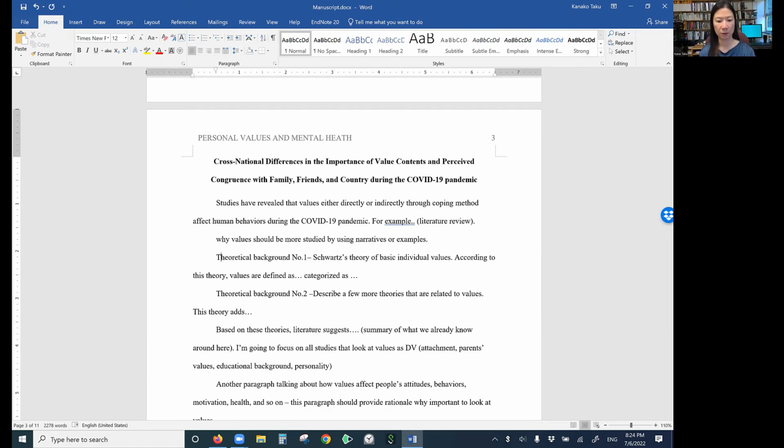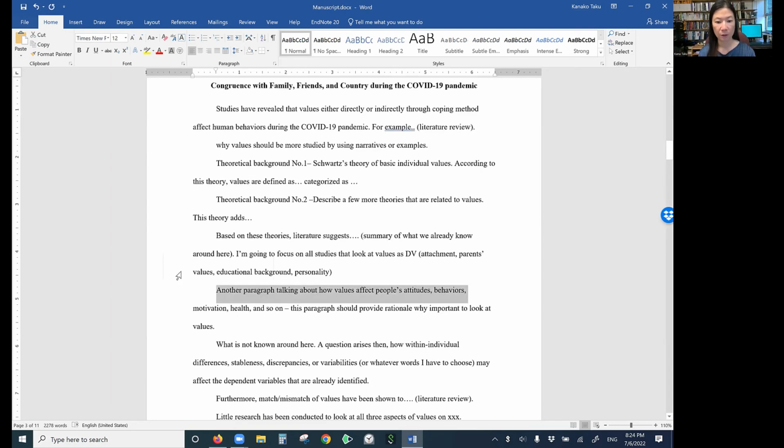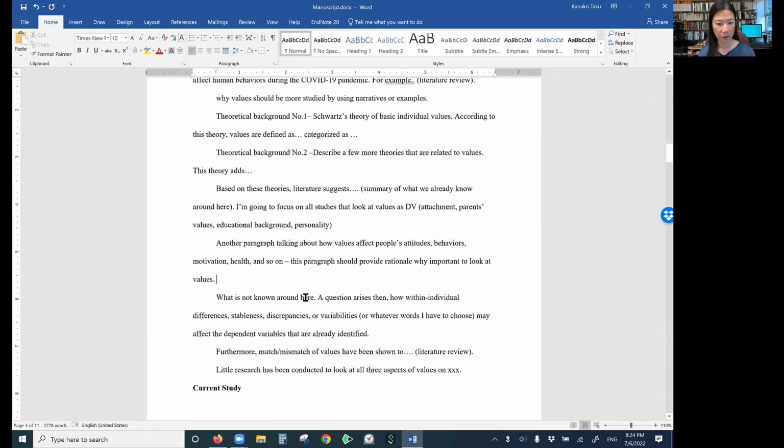And then the theoretical background, according to Schwartz's theory. Now I want to explain why values matter. And after that, we talk about how values affect people's attitudes.